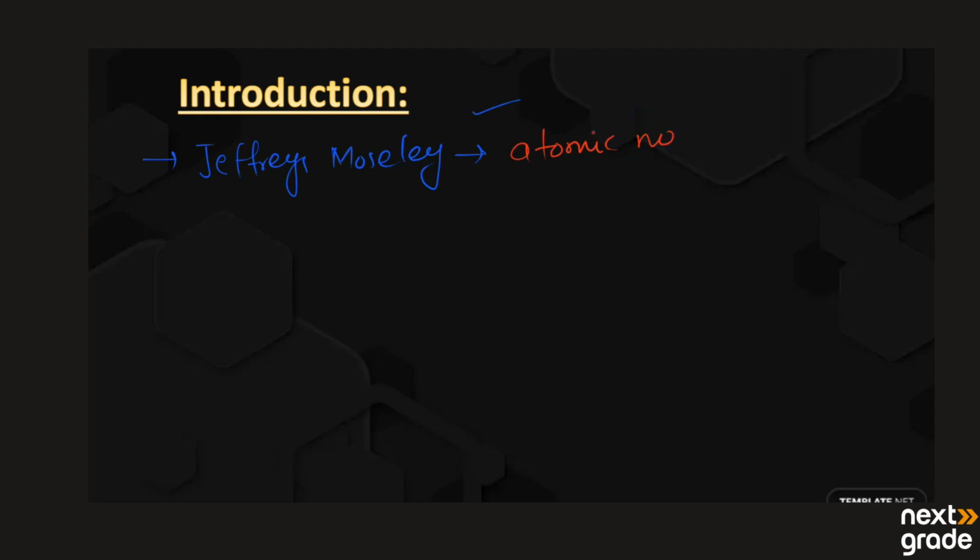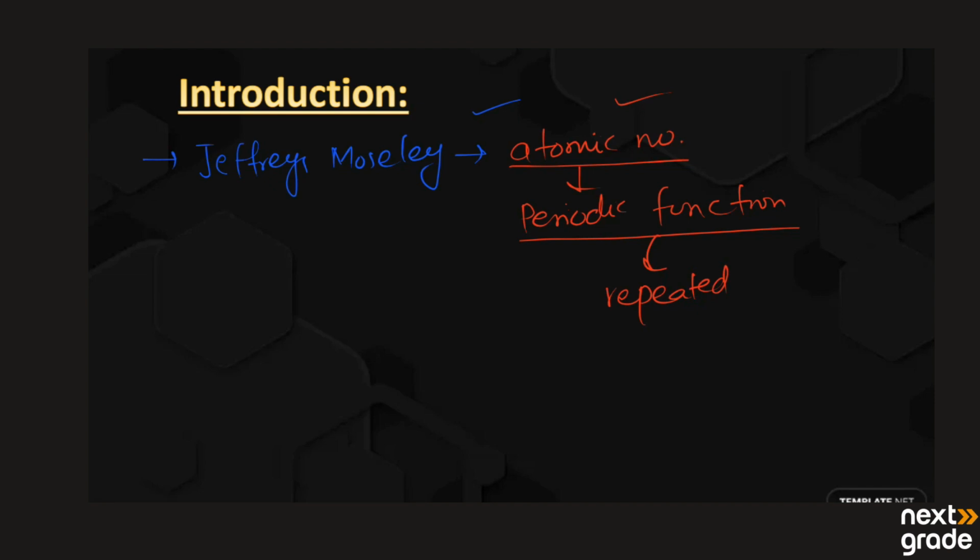He said that if the elements are arranged in increasing atomic number, then the elements have a periodic function of their properties. It means the properties of elements are repeated in a regular manner.